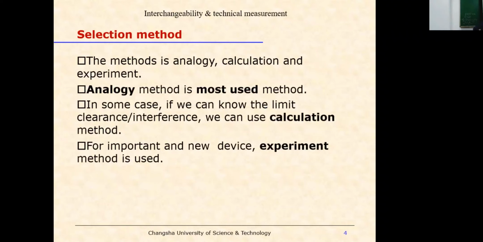In some cases, if we can know the limit clearance or the limit interference, we can use the calculation method. For an important and new device, the experimental method is used.